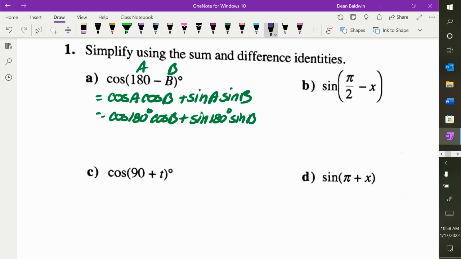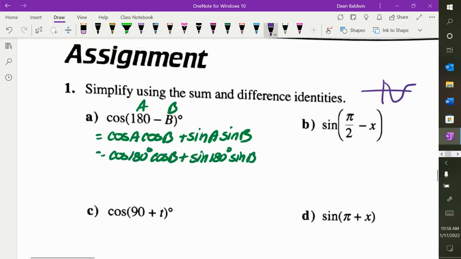This is where knowing the graphs, or I guess having your calculator with you, helps. There's cosine. There's sine. What is cosine of 180? Negative 1. It's right there. So the first bit becomes negative cos of b, because I can't do anything with cos of b.